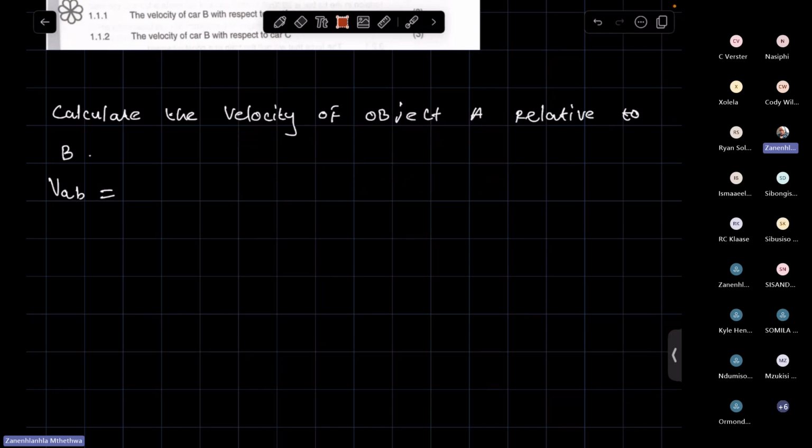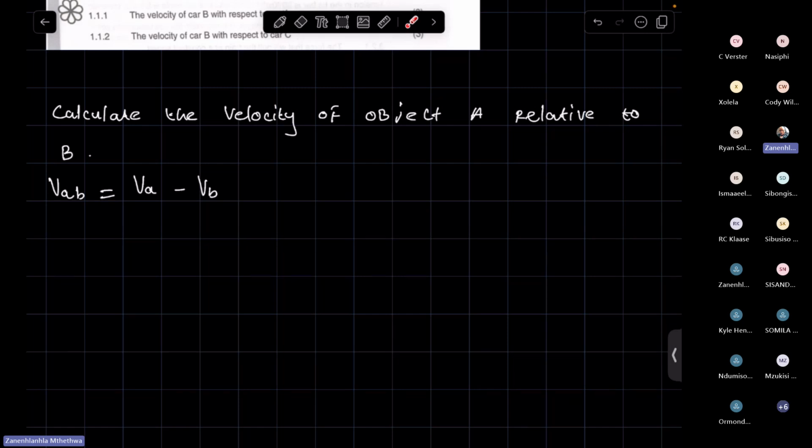If both objects are parallel, the way we express the velocity of A relative to B is to say VA minus VB. We are looking for the velocity of A minus the velocity of B. That is for parallel objects.